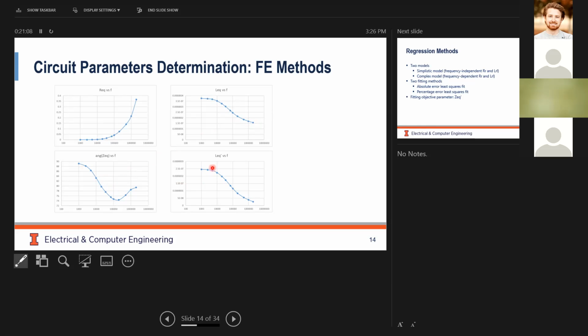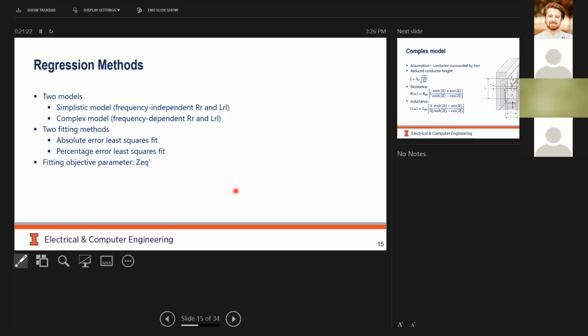And the angle has a minimum point. Okay, so we got the equivalent impedance versus frequency relationship. Then we need to fit. We still don't get RR and LRL, right?